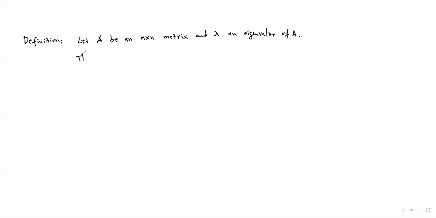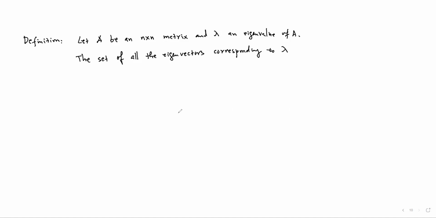That set of all the eigenvectors associated or corresponding to the eigenvalue lambda.